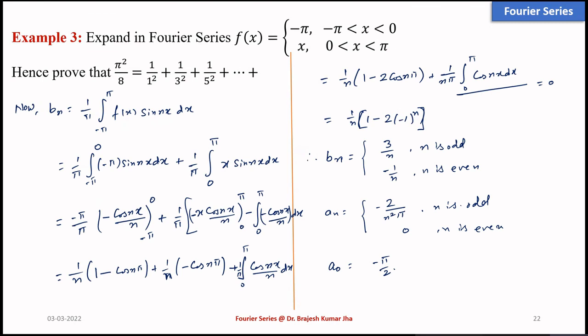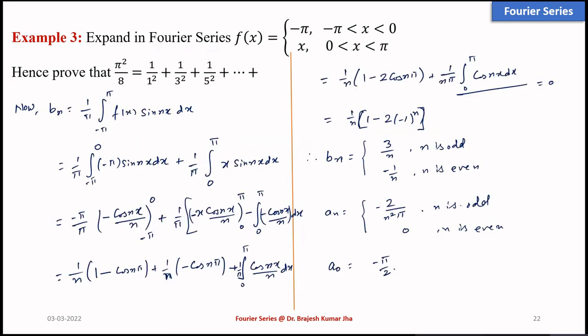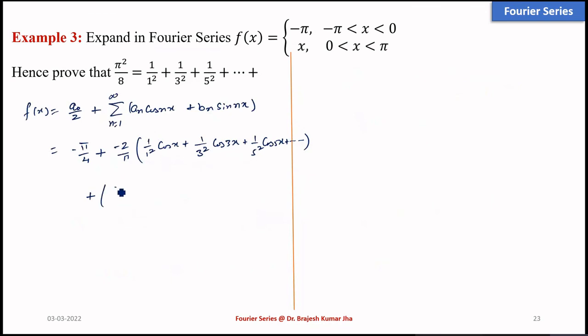It has 3 by n for odd and minus 1 by n for even. So it will be 3 by 1 sin x minus 1 by 2 sin 2x plus 3 by 3 sin 3x minus 1 by 4 sin 4x, and so on. That can be written.